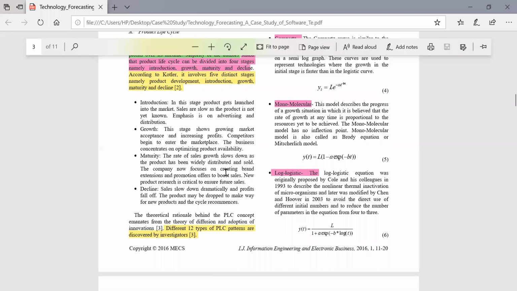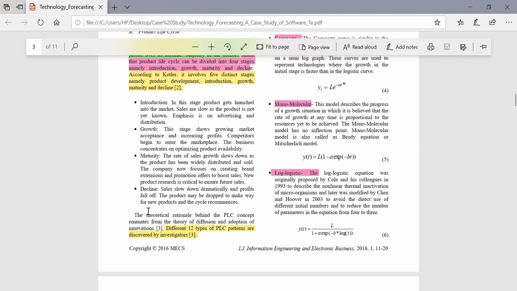Okay, so based on the PLC concept, there were some theories which were developed for diffusion, and this theory of diffusion will help in getting the adoption of innovations. There is a specific researcher who has worked on these theoretical models also.